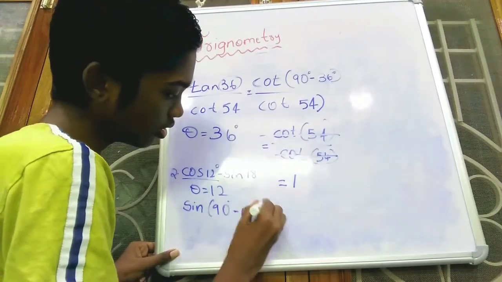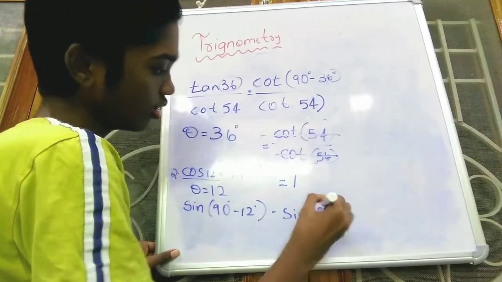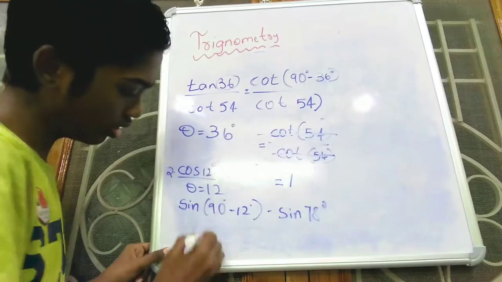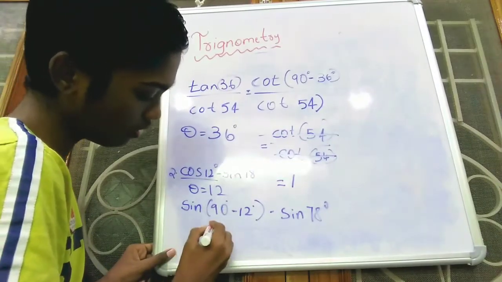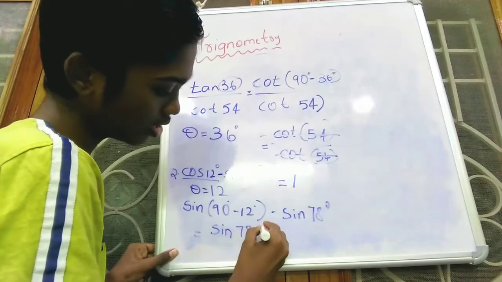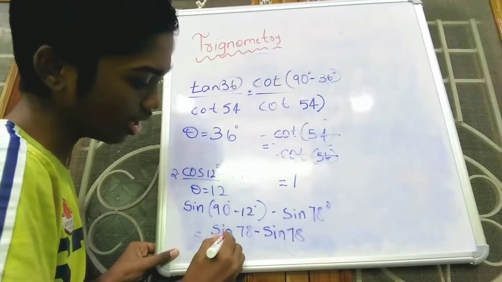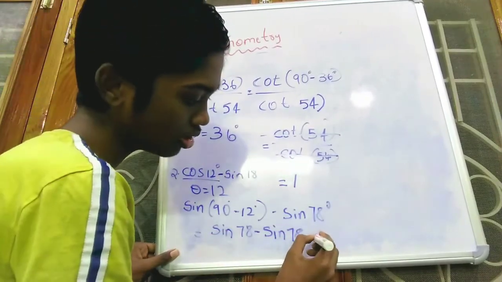So sine of 90 minus 12 degrees minus sine 78 degrees as it is, copy from the question. Sine 90 minus 12 is 78, minus sine 78. Sine 78 minus sine 78 will be equal to 0.